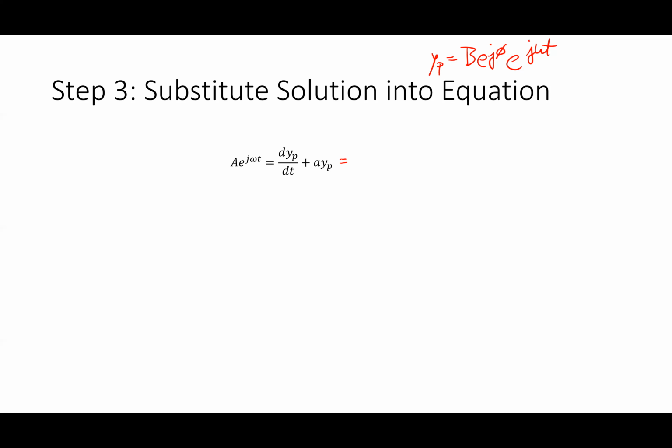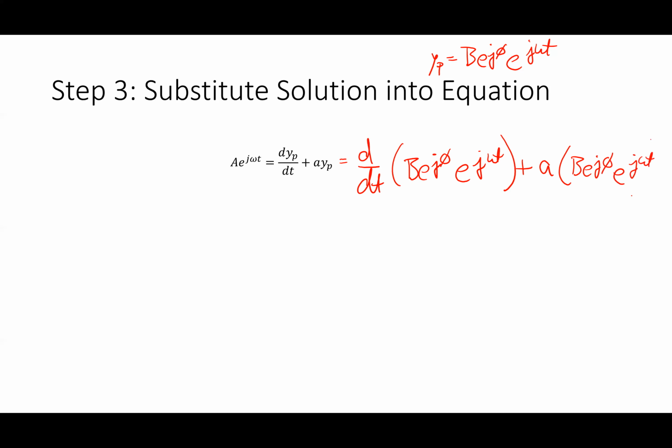I put that in and start taking derivatives. So I say d by dt of B e to the j phi e to the j omega t plus A times B e to the j phi e to the j omega t, like that. Okay. Now what? I've got to take the derivative there. What's the derivative with respect to time right here?